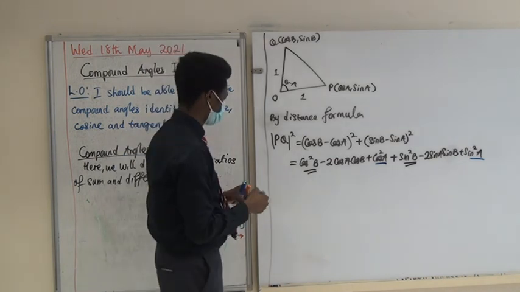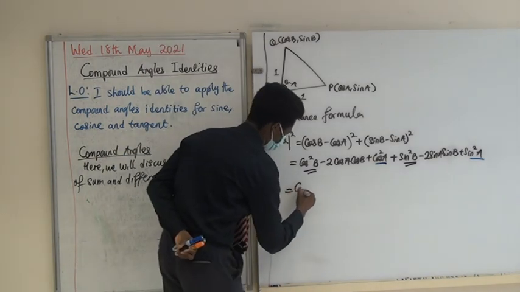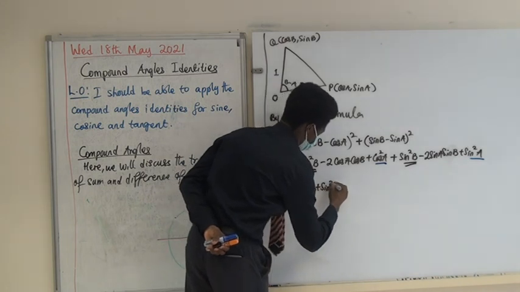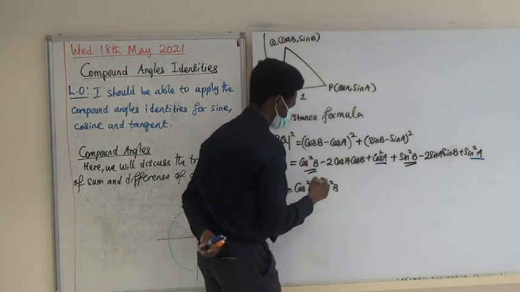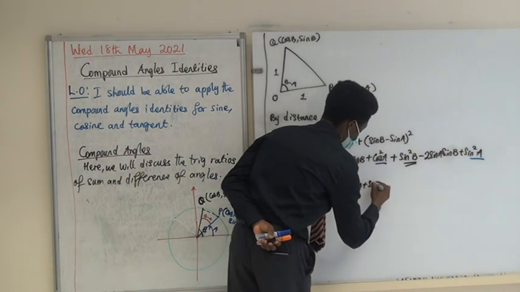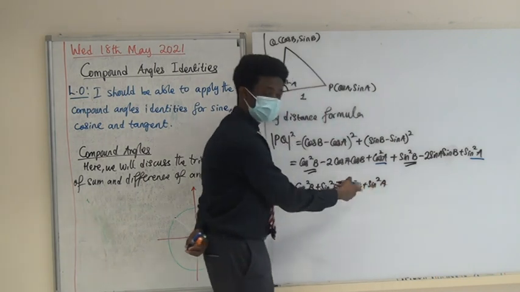Okay, so we collect the like terms. Cos squared B plus sine squared B, cos squared A plus sine squared A, and sine could have come first, it doesn't matter.